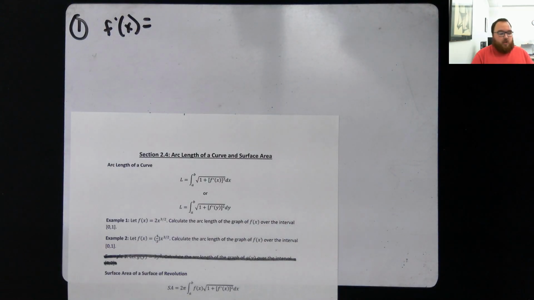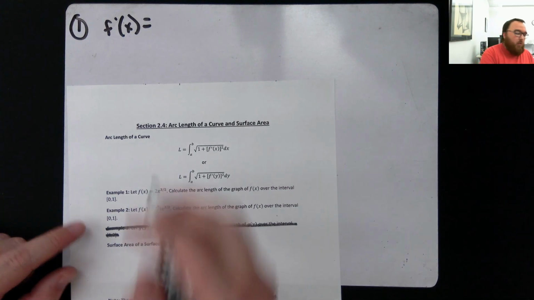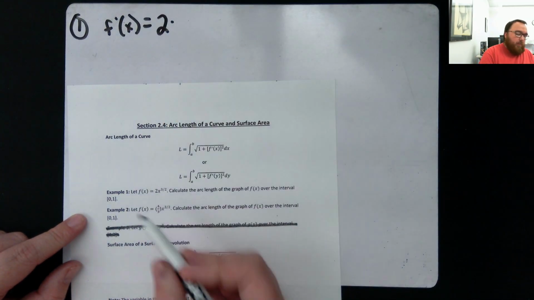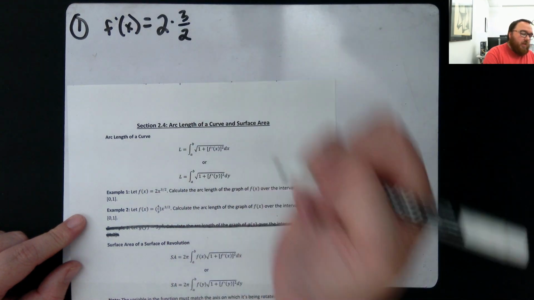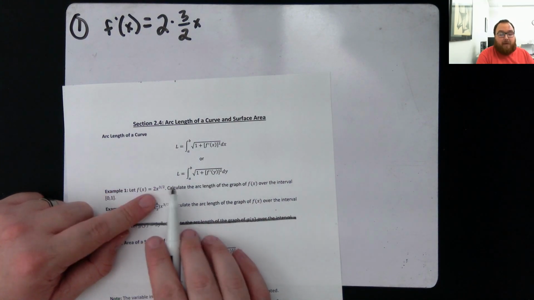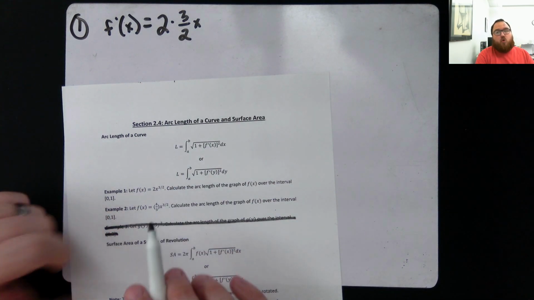This is a Cal 1 skill. So remember, for the derivative, I'm going to bring my power down, so 2 stays there. Bring my power down front, which is going to make it 3 halves, times x, and I'm going to decrease my power by 1. 3 halves minus 1 is equal to 1 half.